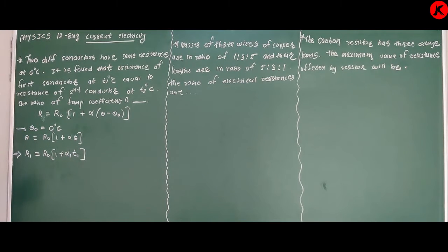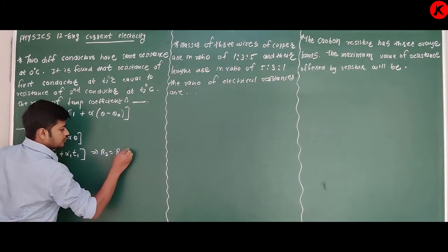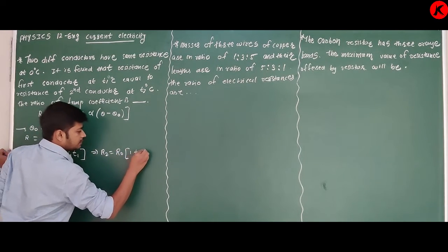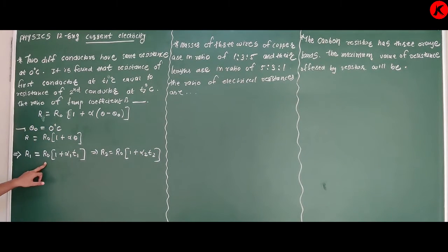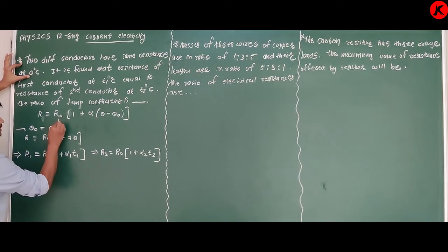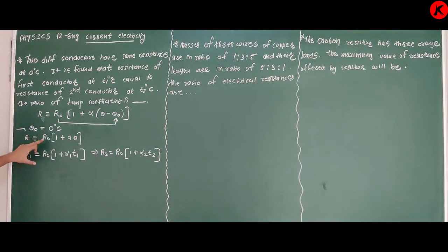For the second, I can write R2 is equal to R0 (1 plus alpha 2 T2). Why is R0 the same? Because you are given that the two different conductors have the same resistance at 0 degree Celsius, which is the reference temperature. So this R0 is the same for both conductors.